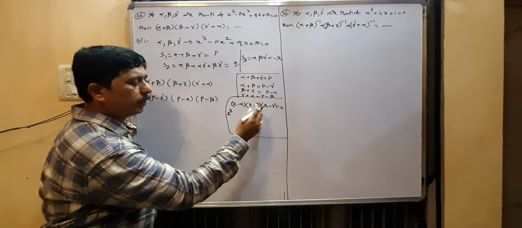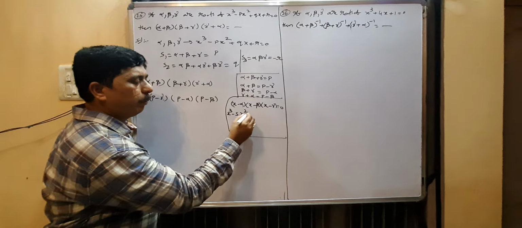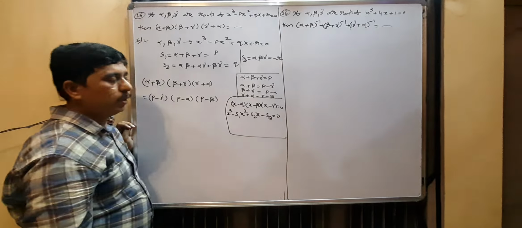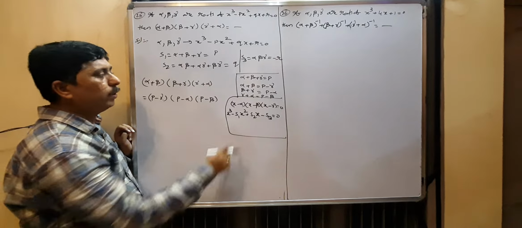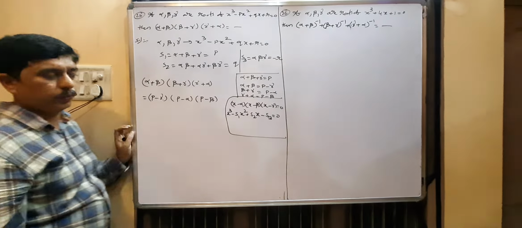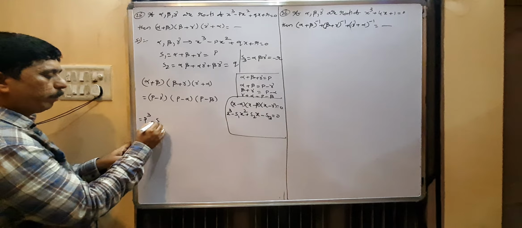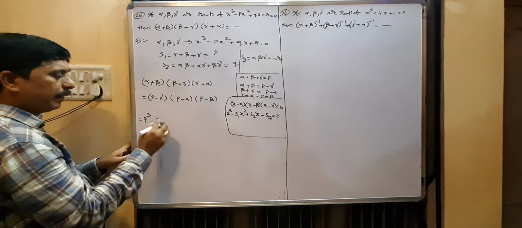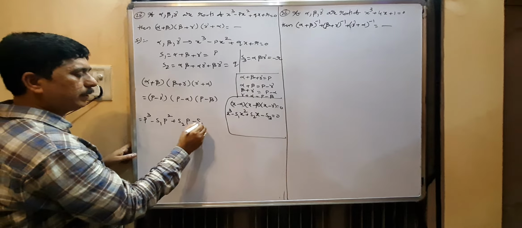So after multiplication we get x cube minus S1 x squared plus S2 x minus S3 equal to 0. S1 means sum of the roots, alpha plus beta plus gamma. S2 is sum of the product of two roots. S3 is product of three roots. So we get p cube minus S1 p squared plus S2 p minus S3.